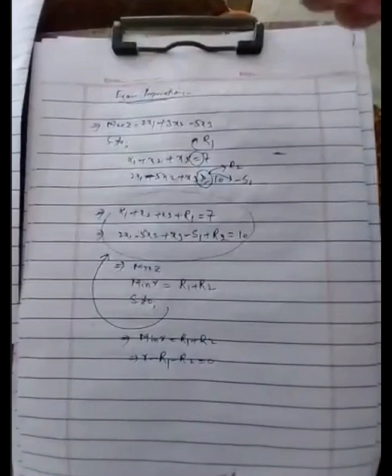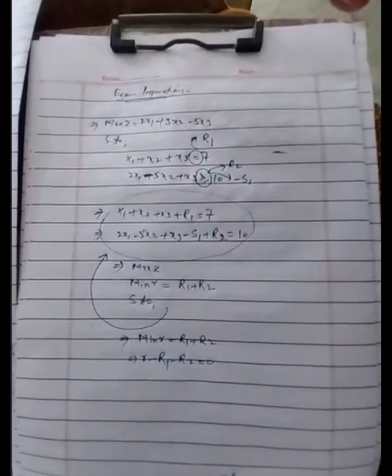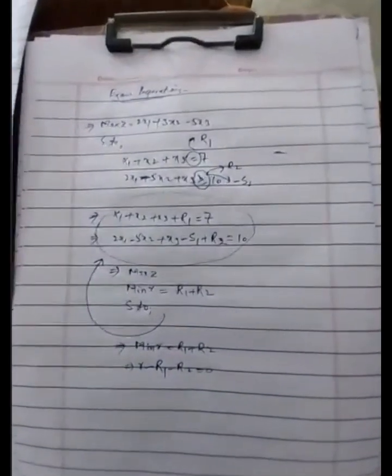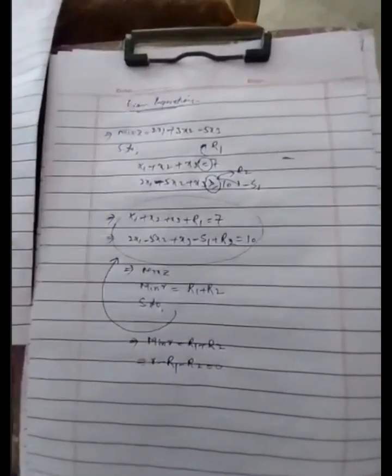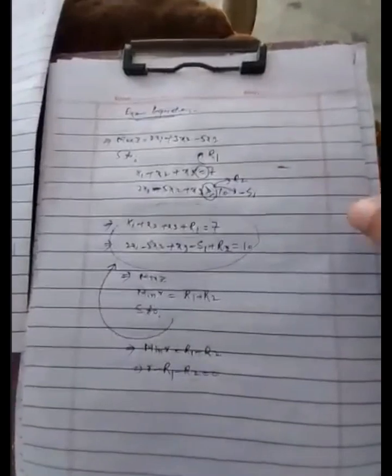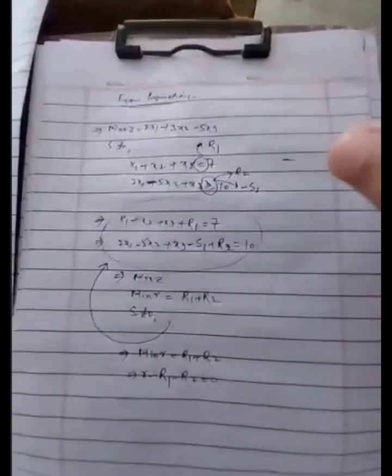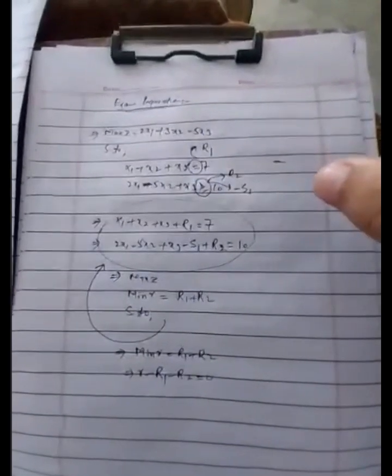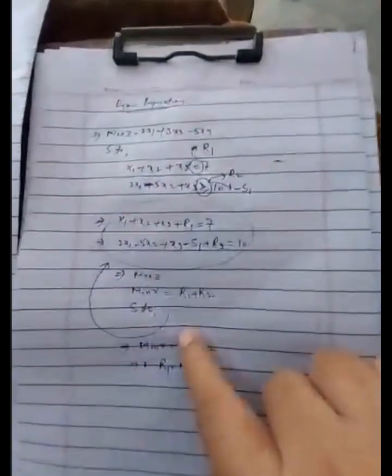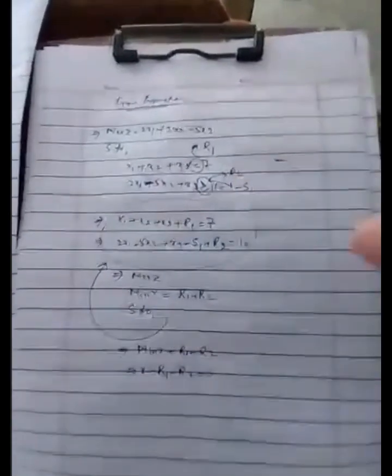Look, this is a maximization problem. So we need, no, we don't have to do that. Then it is already in the minimization form. We just have to follow the same instructions like this.